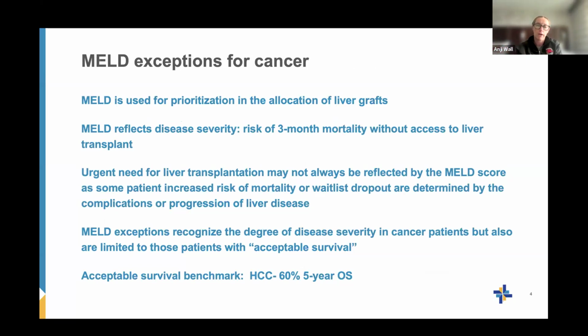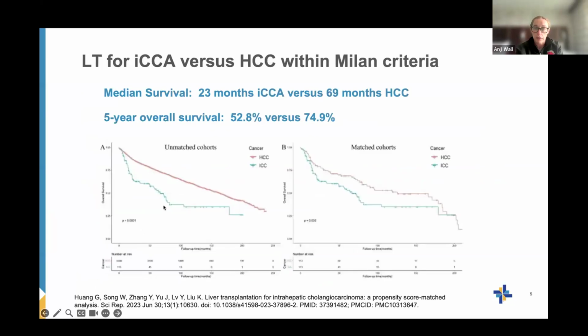The outcome for HCC in the early cohorts of liver transplantation was a 60% 5-year overall survival. So that's the benchmark that we've set in the US. I will show you that it has changed slightly over time.